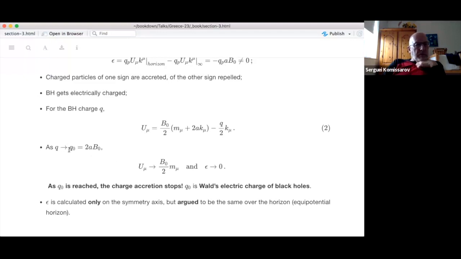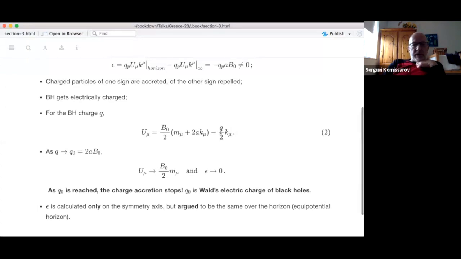So as the charge gets closer to this particular value, which is called the Wald's charge of the black hole, those two terms cancel each other. This is how the potential looks like now, and the potential difference along the axis is 0.